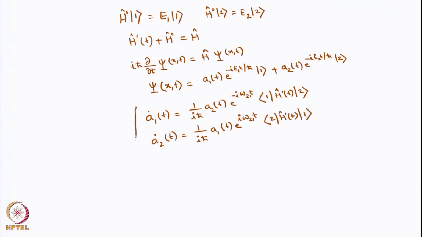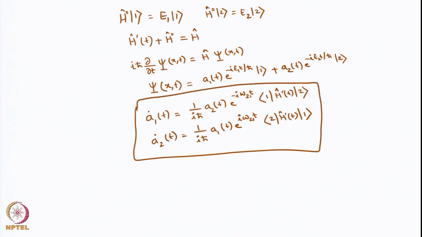Okay. So, these two are the coupled differential equations between A1 and A2. Now, I told you, since they are coupled differential equations, the solution of A1 will depend on A2 and the solution of A2 will depend on A1.